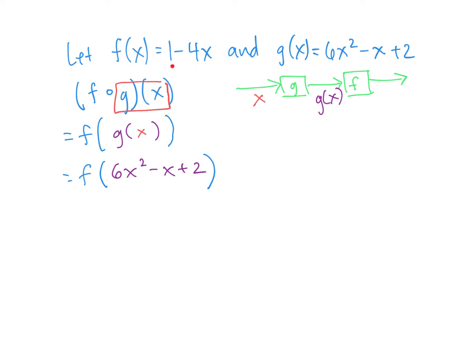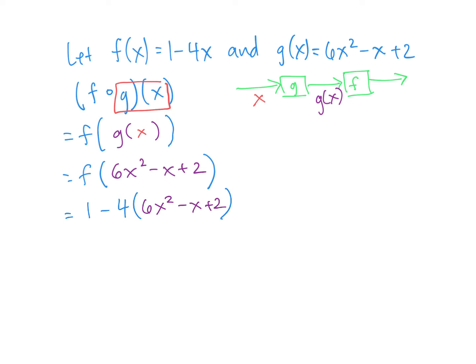So what does f do? It takes 1 minus 4 times its input. So let me get that ready. 1 minus 4 times its input. But what is the input? The input is this g of x in purple. 6x squared minus x plus 2.